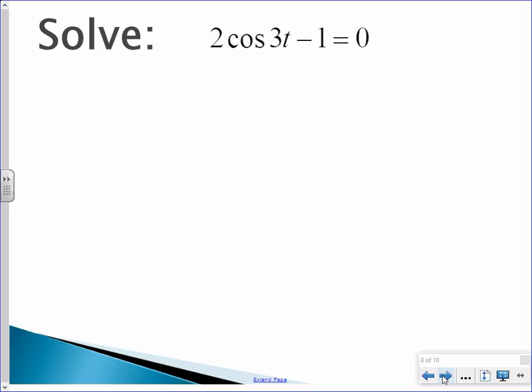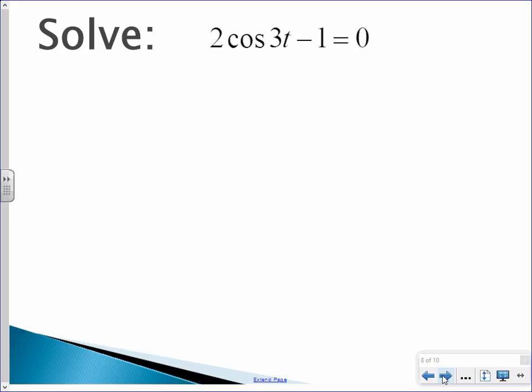It has a coefficient with that variable. It's okay, it's a Friday. Okay, so our angle isn't just the variable, it's a number times that variable. Okay, so how is that going to affect our answer?